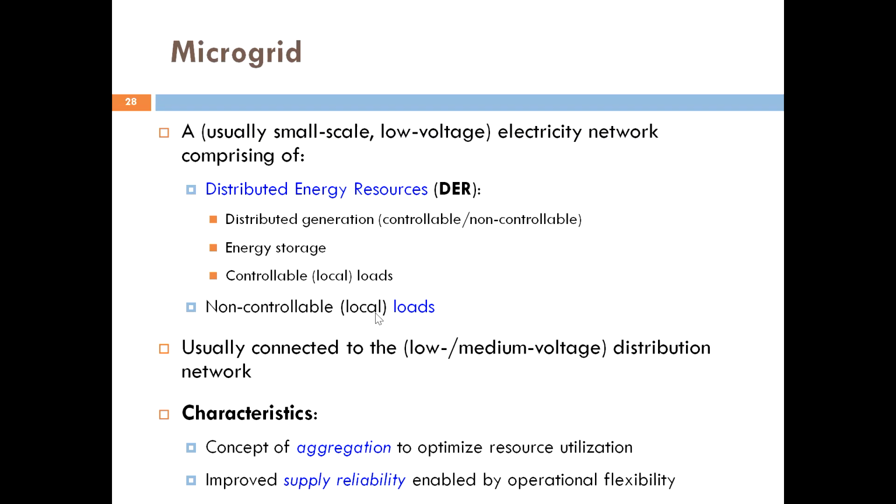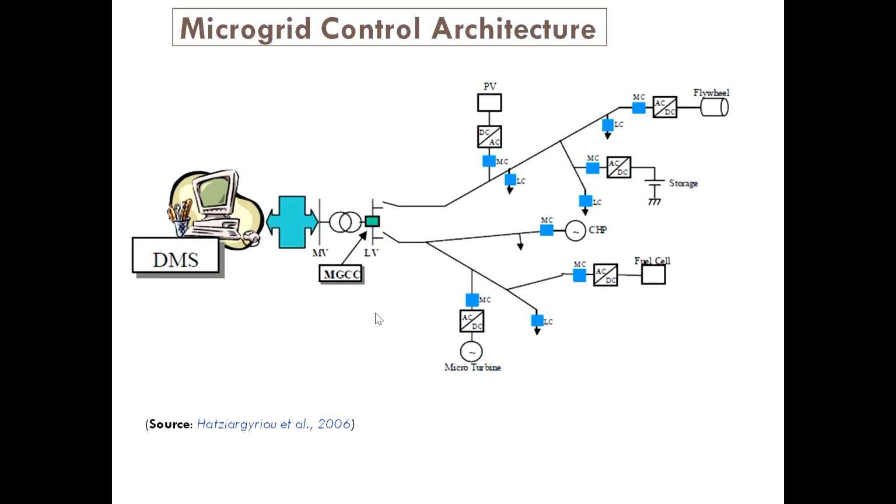And also there is a lot of emphasis on improving the reliability of supply by having operational flexibility. And the next slide is going to bring out further that component.